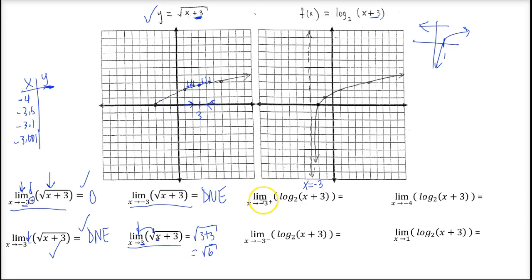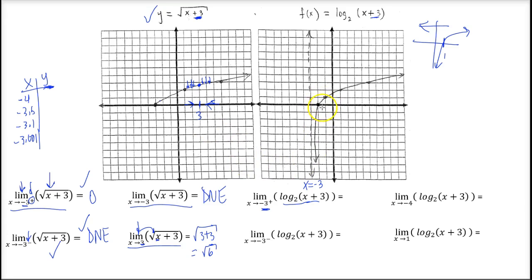So we look here and it says, hey, tell us the behavior of this particular function as x approaches -3 from the right, okay? And so from the right means that we get closer and closer to -3 by saying what happens when x is equal to -2.9, -2.99, -2.99999.